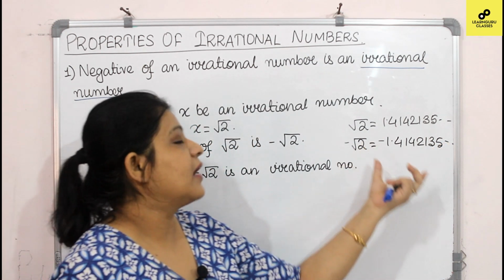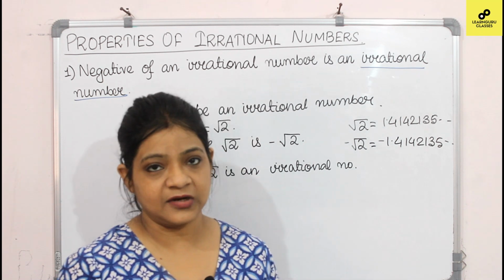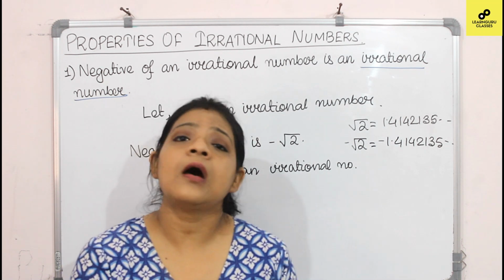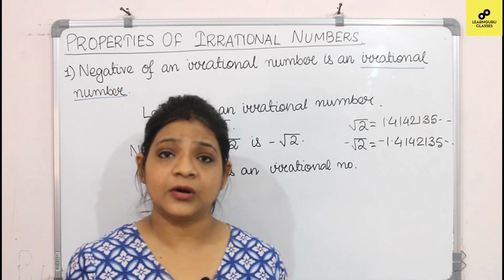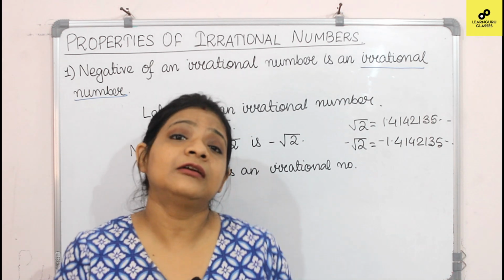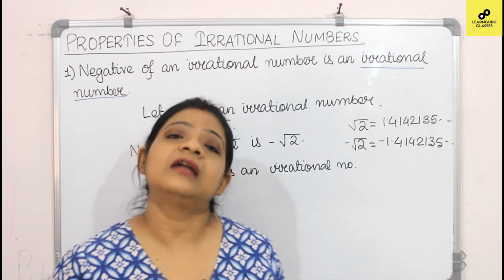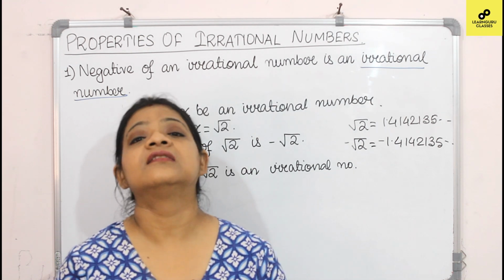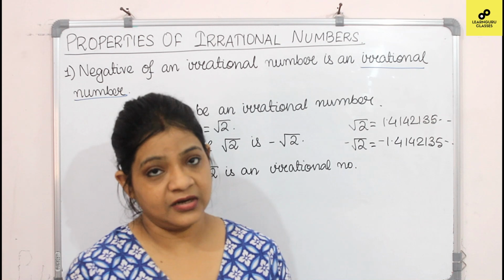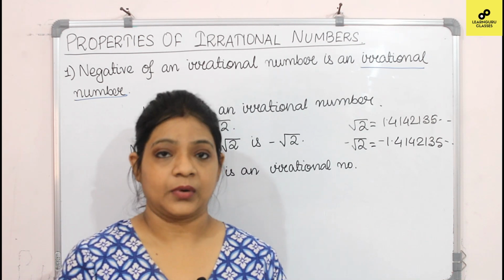Now minus root 2 also appears as a non-terminating and non-repeating decimal expansion, which is a property of an irrational number. So we can say that minus root 2 is also an irrational number, that is, the negative of any irrational number is always an irrational number.